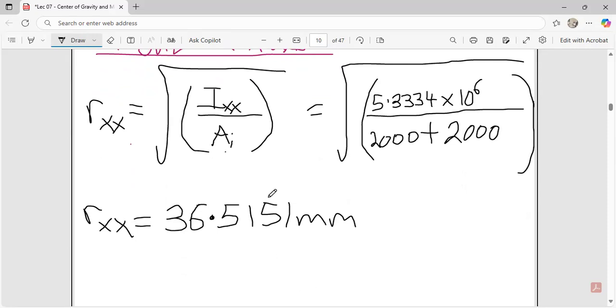Also, let's come and do the same thing. Just as we did for the first one, we also have to do the same thing for the second one too.